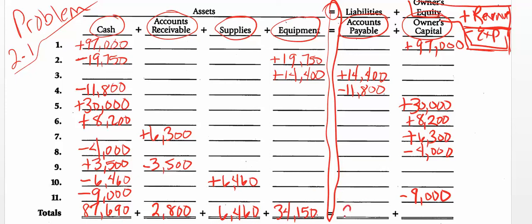The balance should be 2,600. And in the owner's capital, we should come up with 128,500.